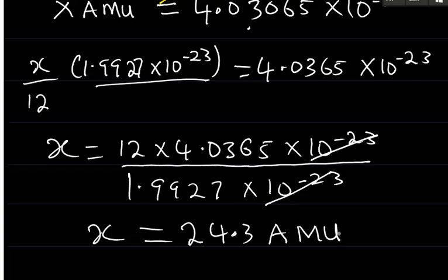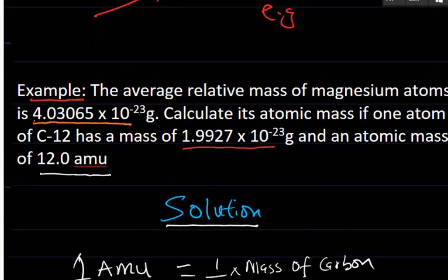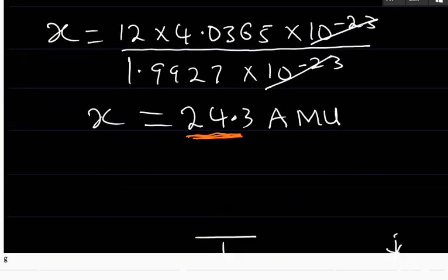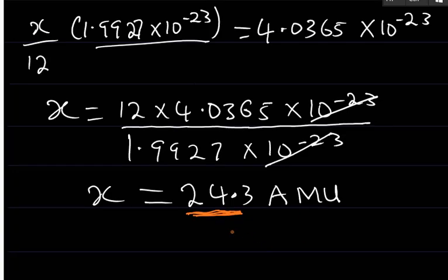So that is why, anytime we want to use the atomic mass of sodium in calculation, we don't use this actual mass. This is the actual mass of sodium, but we don't use it in calculation. Rather, we use this mass of sodium, which we refer to as the relative atomic mass.